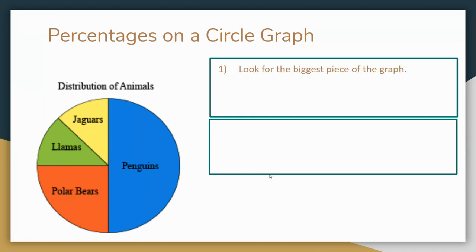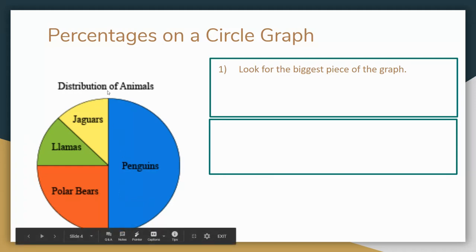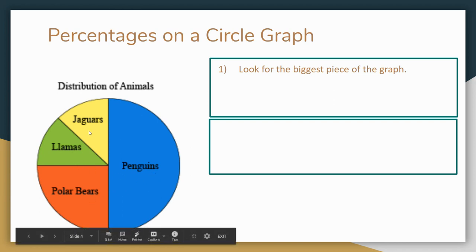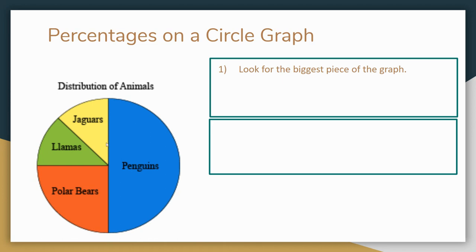In this graph, we can see that this is about the distribution of animals. So we've got a few different options here. We have penguins, polar bears, llamas, and jaguars. So when we're trying to figure out the percentage of a graph, we want to start by looking for the biggest piece of the graph.